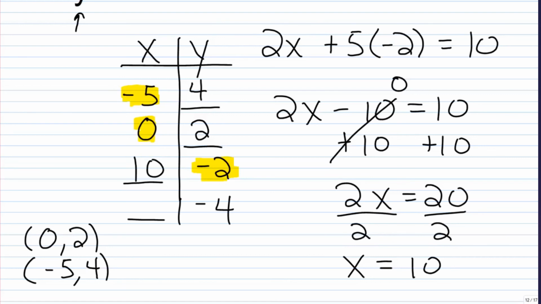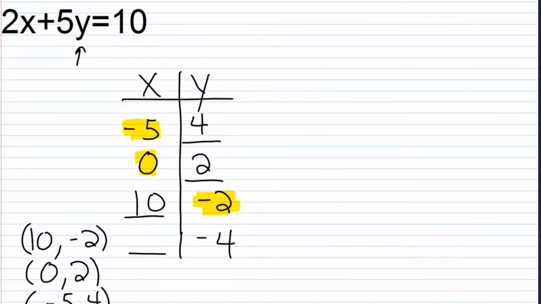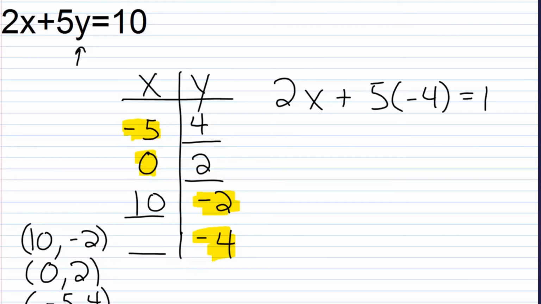All right, so we have another ordered pair. It would be 10, -2. Okay, and then we have one more. I've given you one last y value here of -4. So again, just plug a -4 in for y. So 2x plus 5 times -4 equals 10. 5 times -4 is -20, so you have 2x minus 20 equals 10.